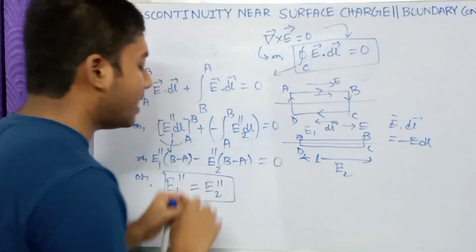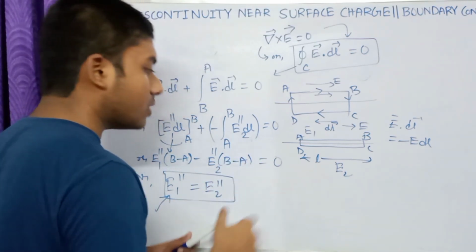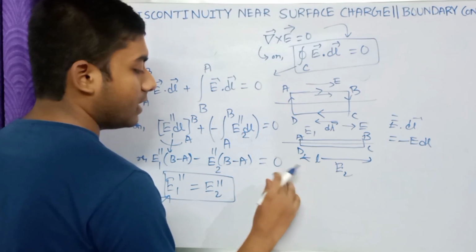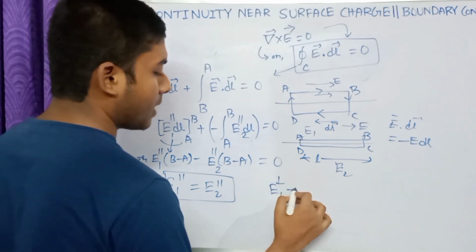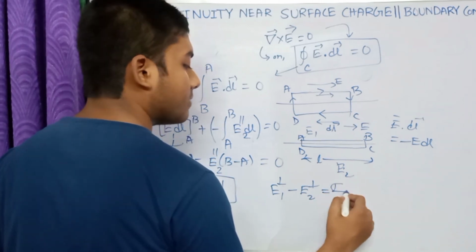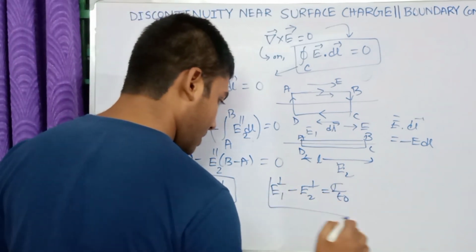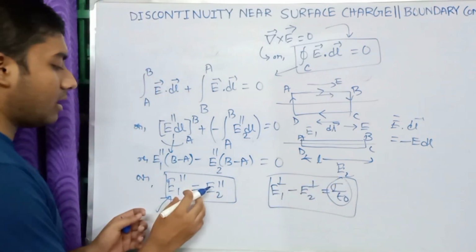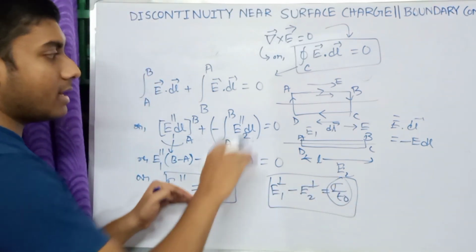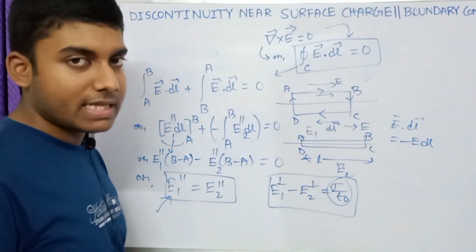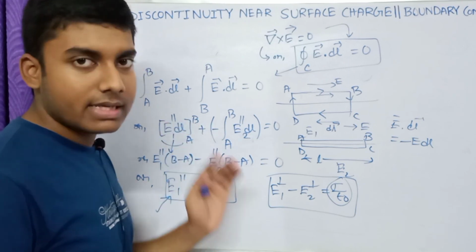So as a whole, the conclusion is that for the perpendicular component of the electric field, the relation was E1 perpendicular minus E2 perpendicular equals sigma over epsilon naught. That means there is a discontinuity of this amount, but in the parallel component of the electric field near a surface charge there is no discontinuity. That means the parallel component of the electric field is continuous.